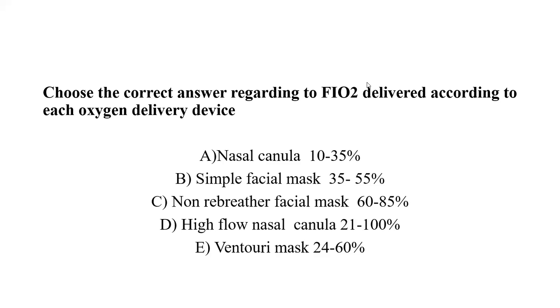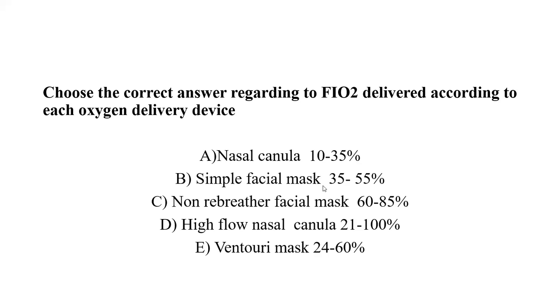Okay, we can go through those ones. As we saw in the previous teachings, we saw that nasal prongs can deliver FiO2 of 25 to 40%. Simple mask, we saw that can give 40 to 60.